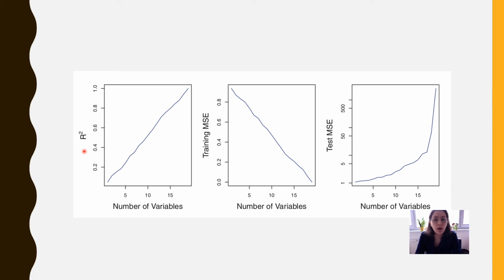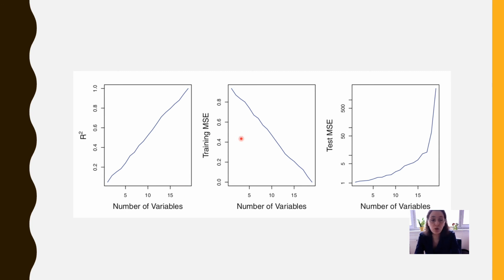If you examine only the R-square in your models, or the training MSE, you will see that your R-square gets higher when you have more variables. And you will think that, oh, my model is great and I can use lots of predictor variables in these settings if I just use R-square.